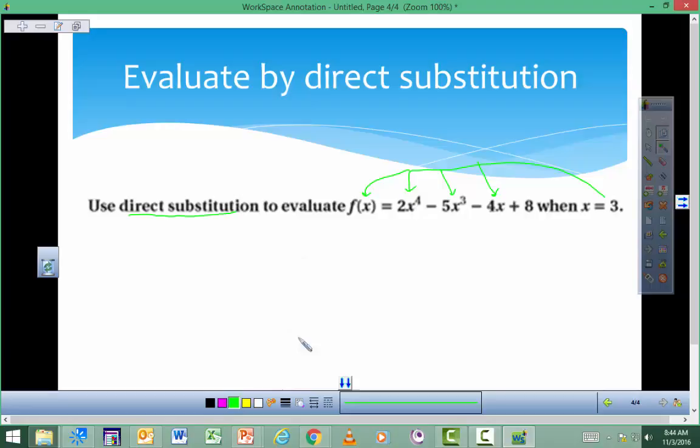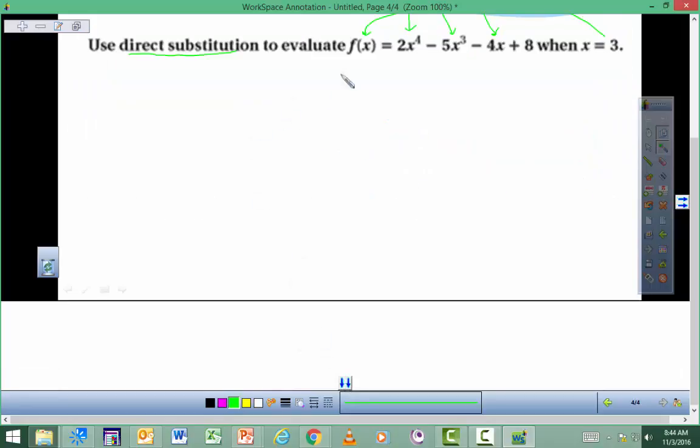So when we're evaluating this, f of 3, and what that means, f at the value of x equal to 3, is equal to 2 times 3 to the 4th power minus 5 times 3 to the cube power, or the 3rd power, minus 4 times 3 plus 8.